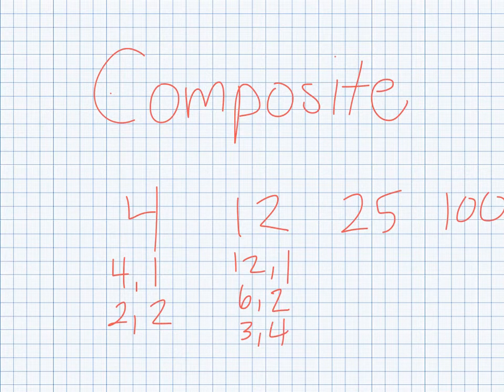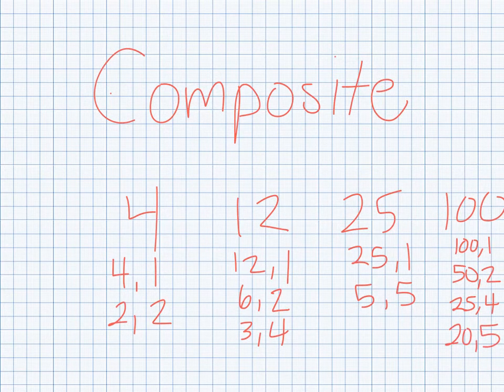Factor pairs for 25 are 25 and 1, as well as 5 and 5. The factor pairs for 100 are 100 and 1, 50 times 2, 25 times 4, and also 20 times 5. The number 1 is neither prime nor composite.